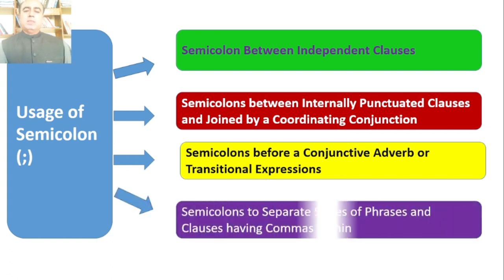And the last but not least, semicolons to separate series of phrases and clauses that have commas within. So these are four cases. We need to commit them to our memory and use them expertly, and that isn't very difficult.